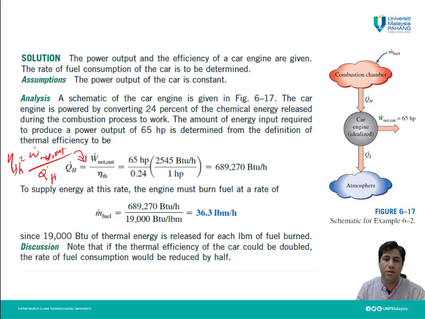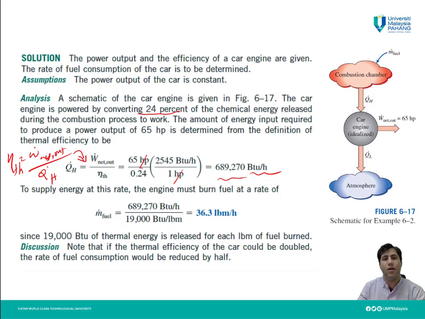And we need to use this unity conversion ratio: 1 HP is equal to 2545 BTU per hour. To cancel HP, the unit will be BTU per hour. By calculation, 65 times 2545 divided by 0.24 will give us this amount of required heat transfer to this car engine to have this thermal efficiency.